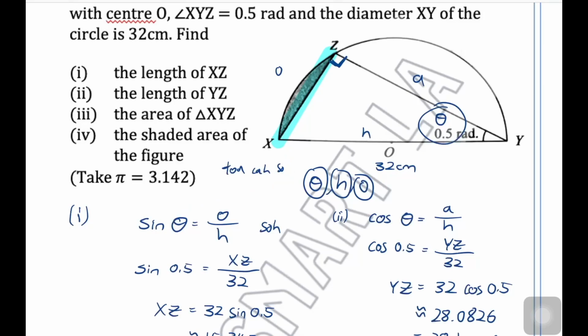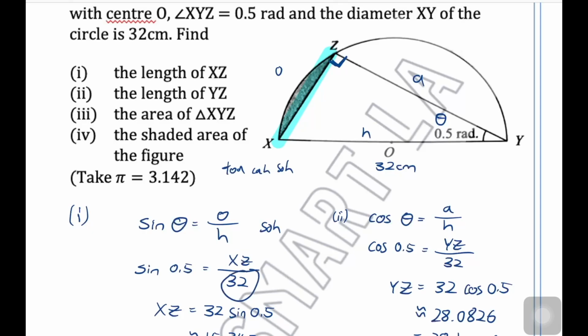Okay, now with that, I can put in the angle here, right? So that is my 0.5 radian. And okay, let me erase this so that I have more space. And we want to find the length xz, and that's my opposite, so I'm just going to put it there.